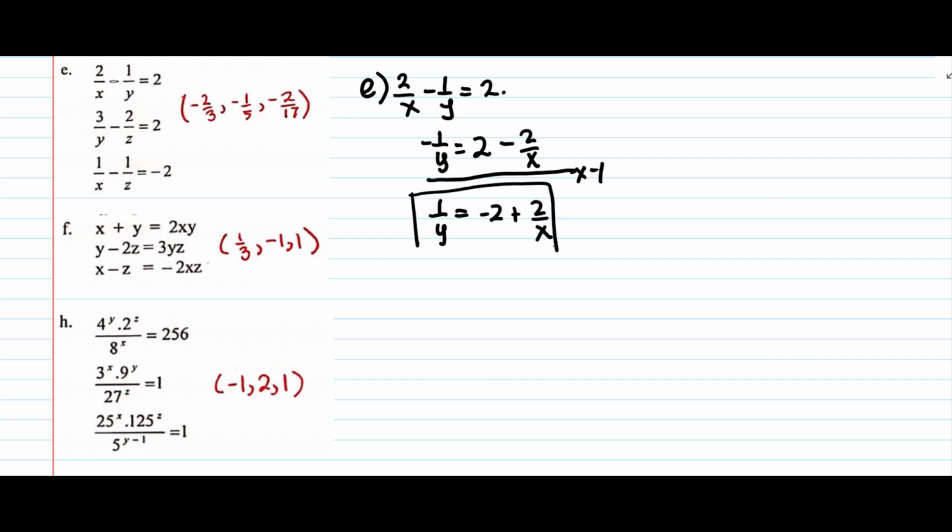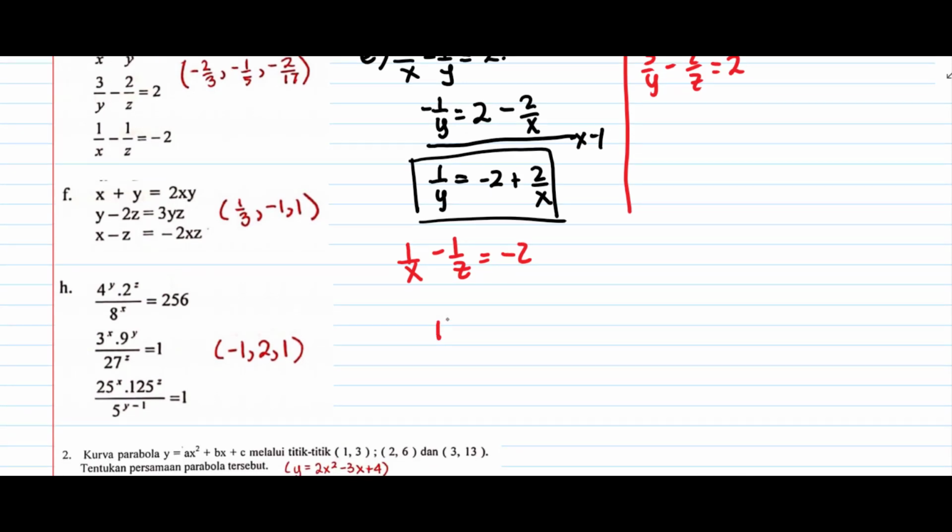This is the first one. The second one is 3 over y minus 2 over z equals 2. For this one, I will leave it like that. For the third one, 1 over x minus 1 over z equals negative 2. For this one, I will make it into 1 over x. So 1 over x equals negative 2 plus 1 over z.